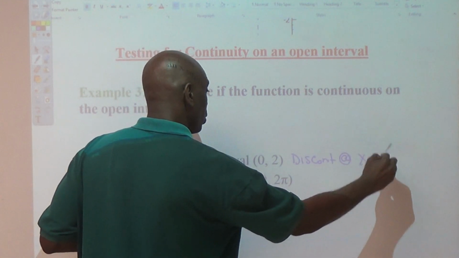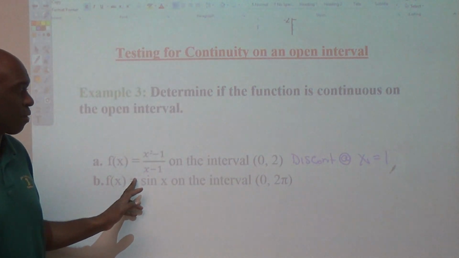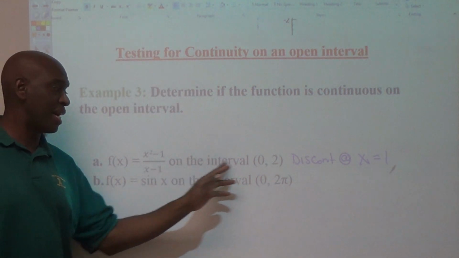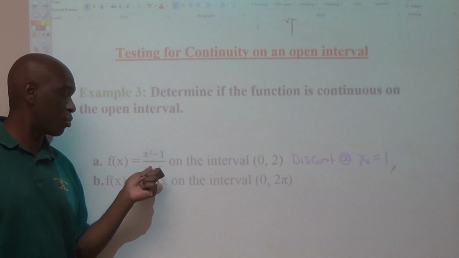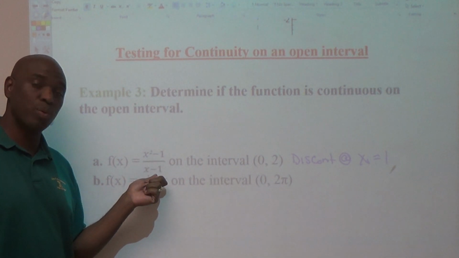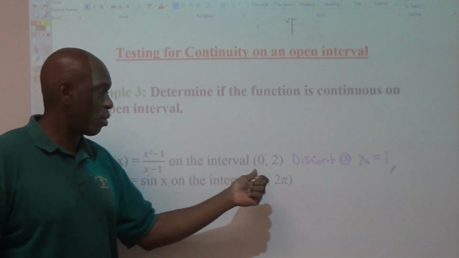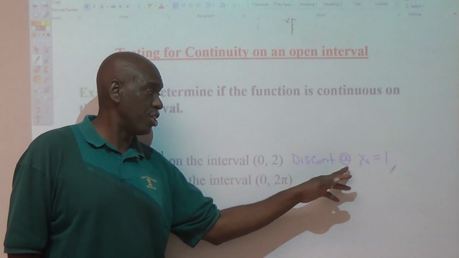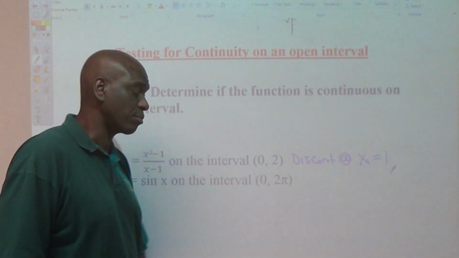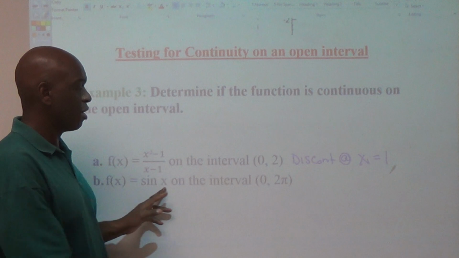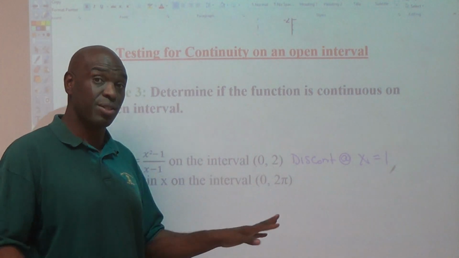So this function x squared minus 1 over x minus 1 is not continuous on 0 to 2. It's discontinuous at x equals 1. Whereas sine x on the interval 0 to 2 pi is continuous.